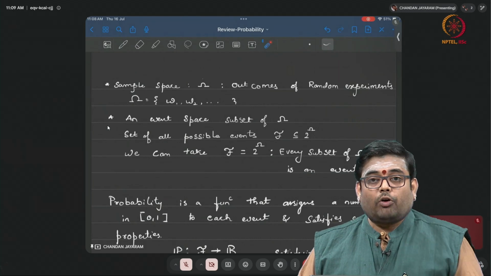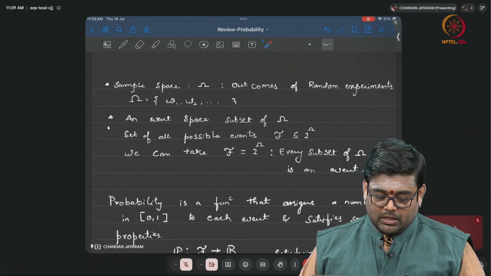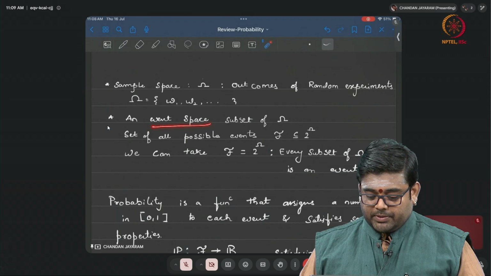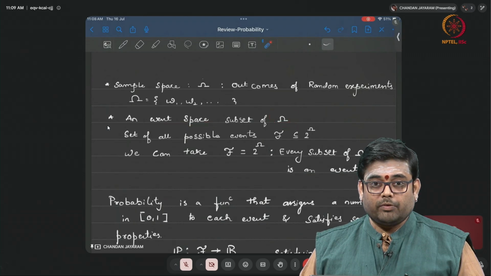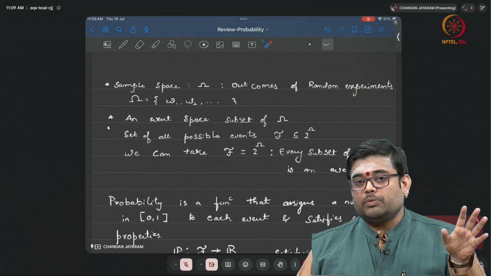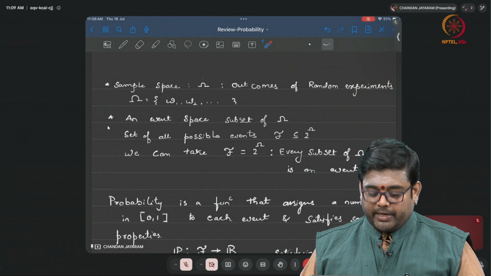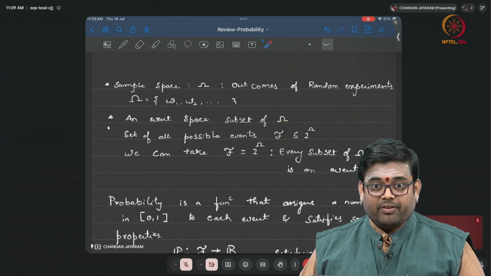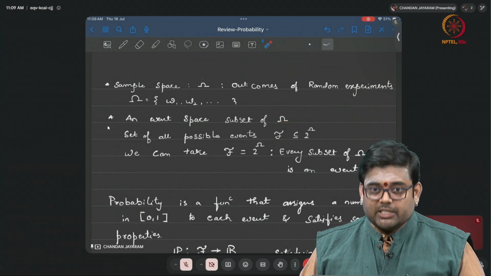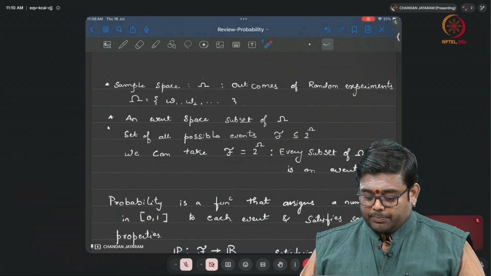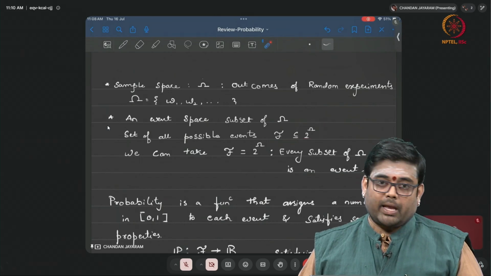Then we define what is known as an event. An event is a subset of omega, and the set of all possible events, represented by the scripted F, is known as the event space. This will be a subset of the power set of omega.